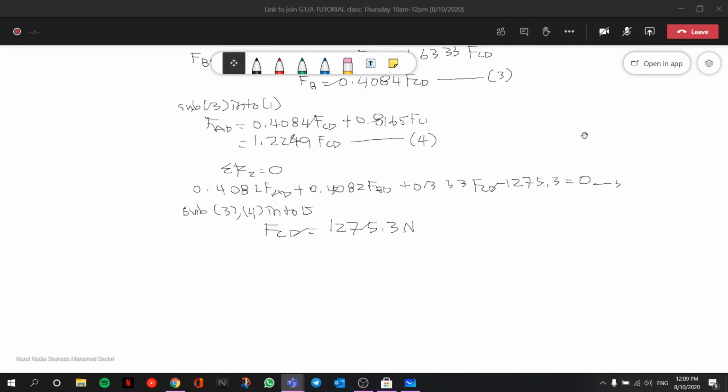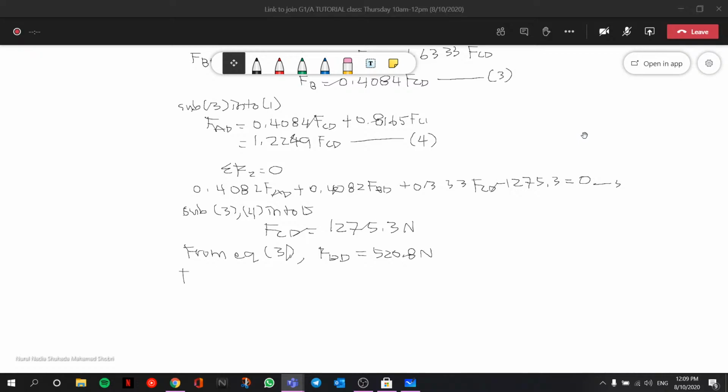And then from equation 3, you guys will get FBD equal to 520.8 Newton.